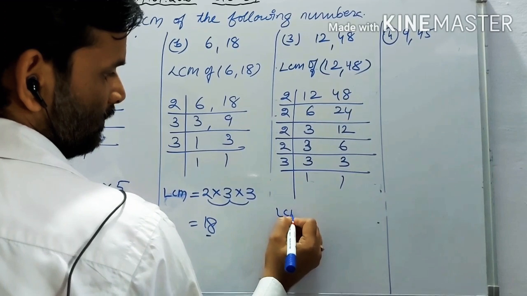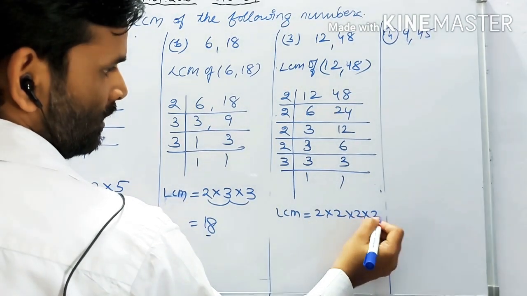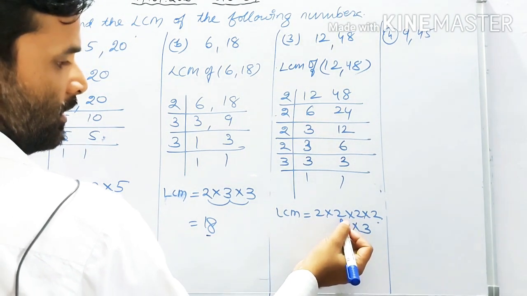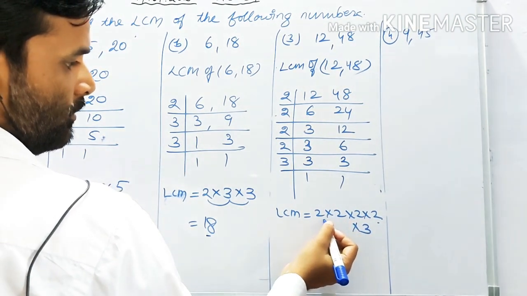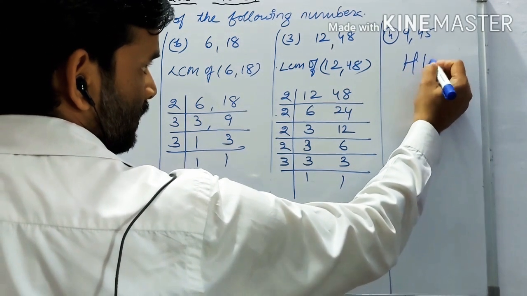The LCM is 2 into 2 into 2 into 2 into 3, 3 2 is 6, 6 2 is 12, 12 2 is 24, 24 2 is 48, and it is the homework.